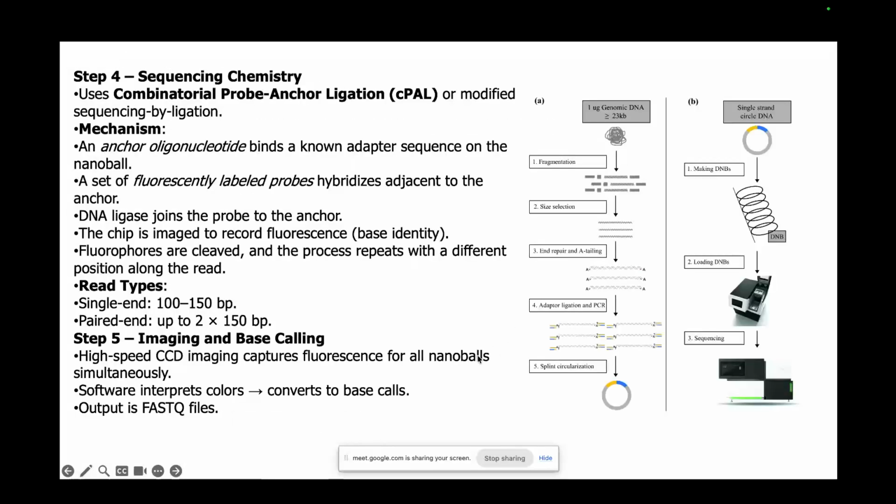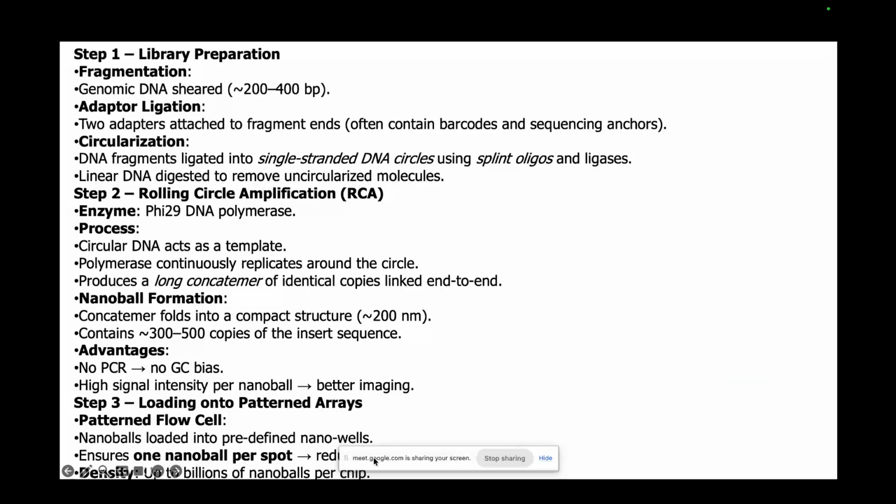Okay, so the third step is basically loading these DNA nanoballs into patterned arrays. So you have these flow cells where you have these predefined nanowells, and each of these nanoballs goes into one of these spots, and these are separated by a certain amount of distance.